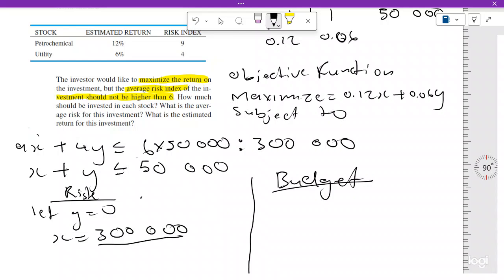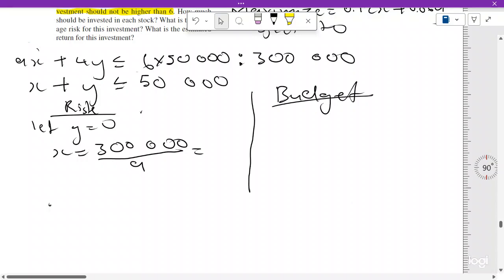So you need to just confirm your numbers. 9x, that's correct.